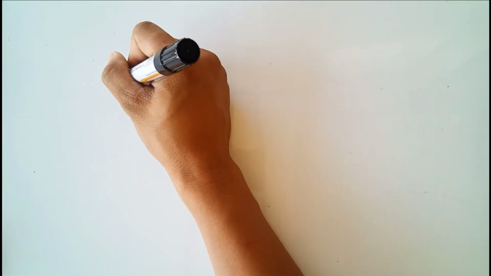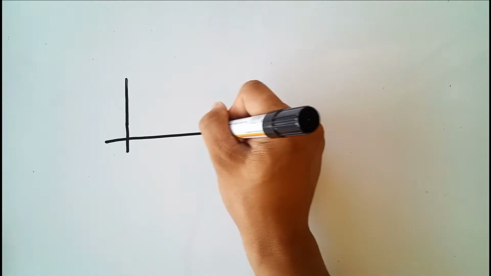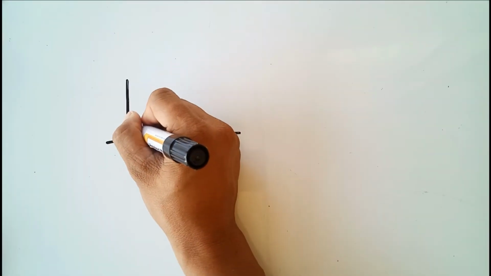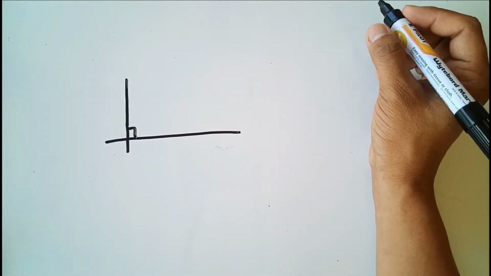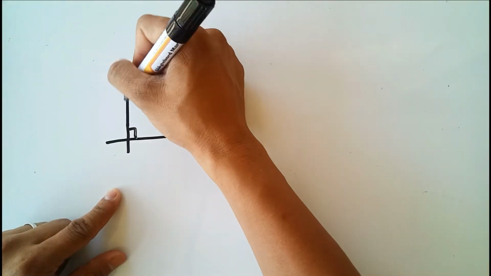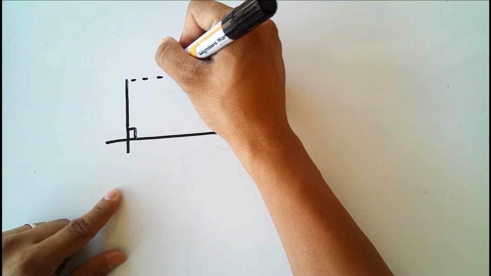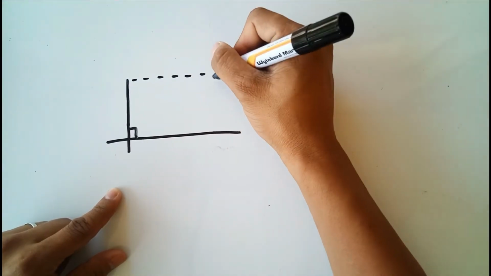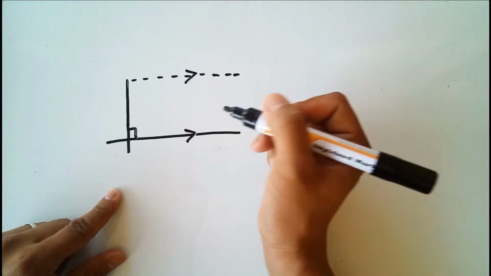For theorem number 1, we are going to prove that if we will have a perpendicular line, okay, so let's have this as a perpendicular line. So based on our theorem, it is a parallelogram. So kung ito yung line natin, ang kanyang opposite line is parallel to that line, parallel dito, parallel din dito.